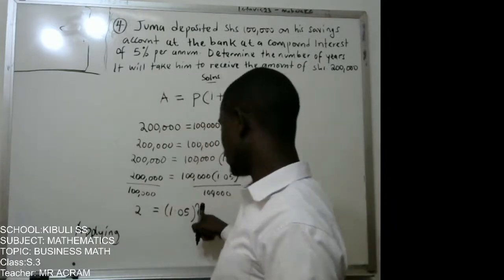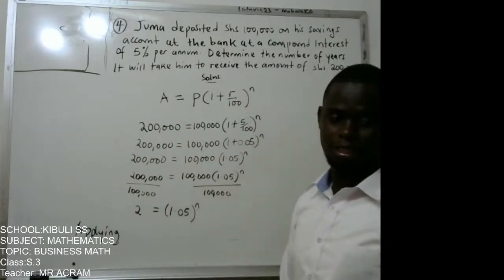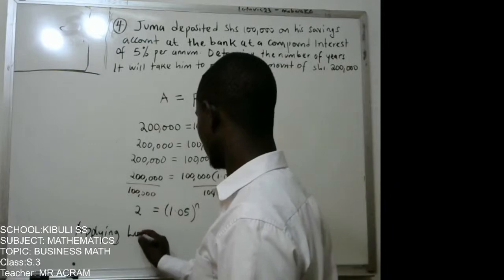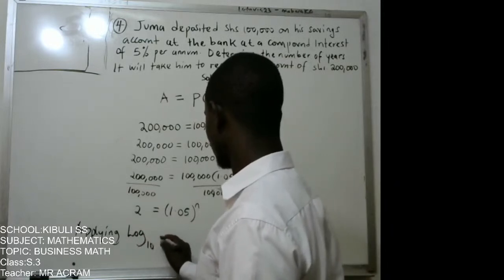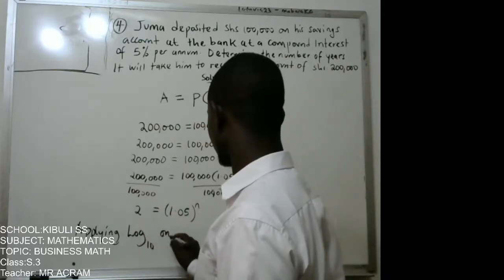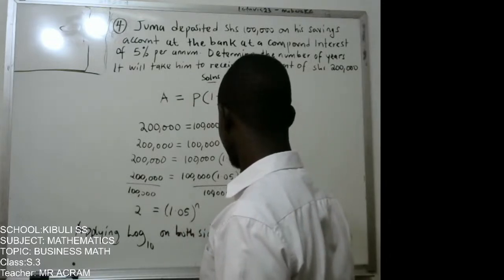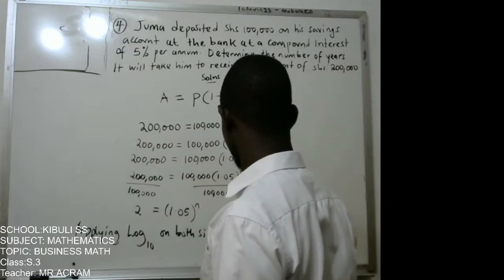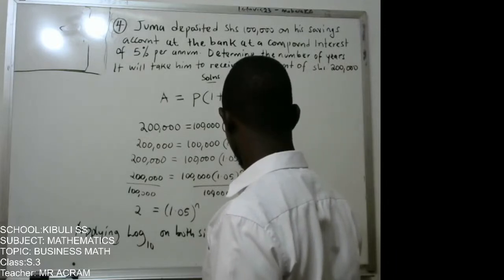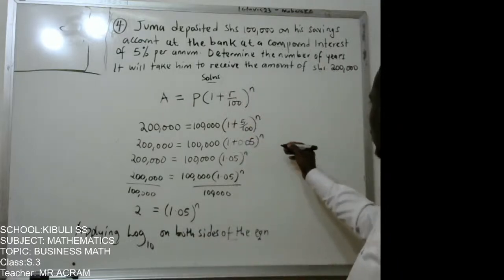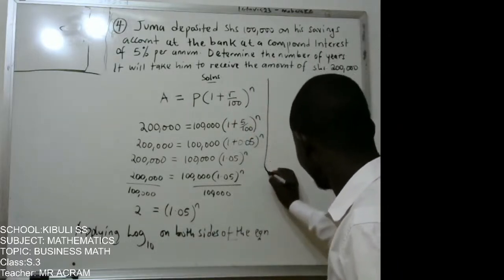If you want to get the value that is up here, there is no way you can get it other than applying log. Applying log base 10 on both sides of the equation. This is our equation.